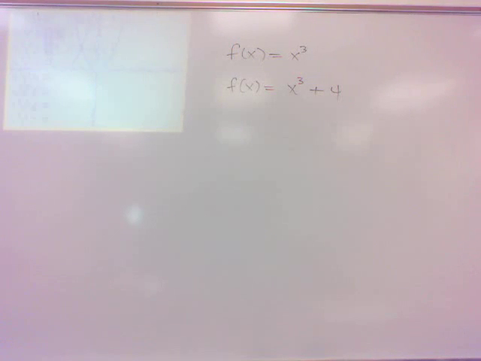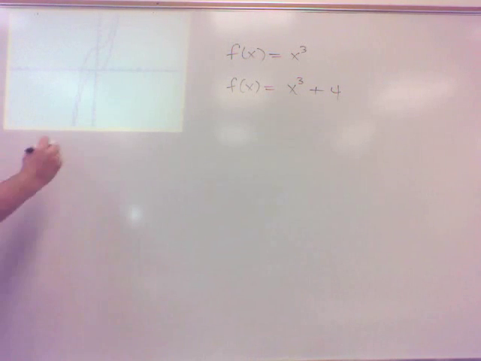What do you think is going to happen? Well, x cubed does this, right? That's the x cubed graph. And so if I go back and put in x cubed plus 4, what's that going to do? What's your guess? Up, down, right, left? Up 4?